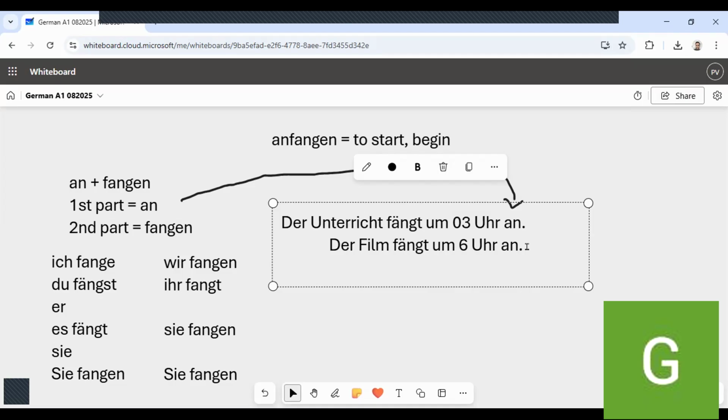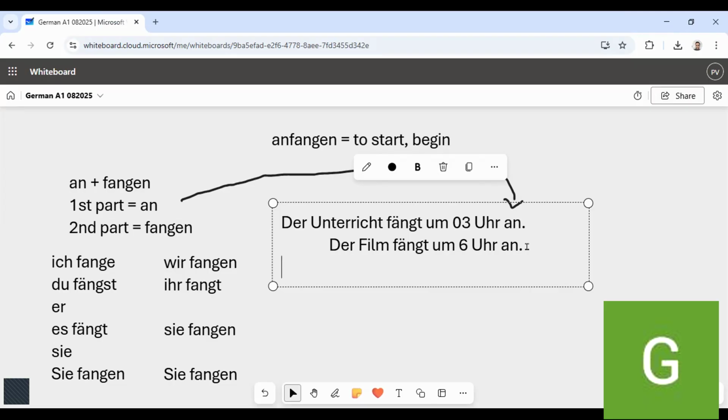Suppose I want to say that the train will start at 2 o'clock. How can I frame it? How do you call the train in German? Der Zug.